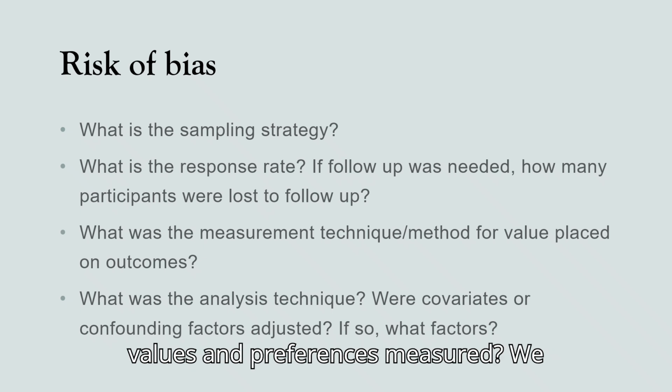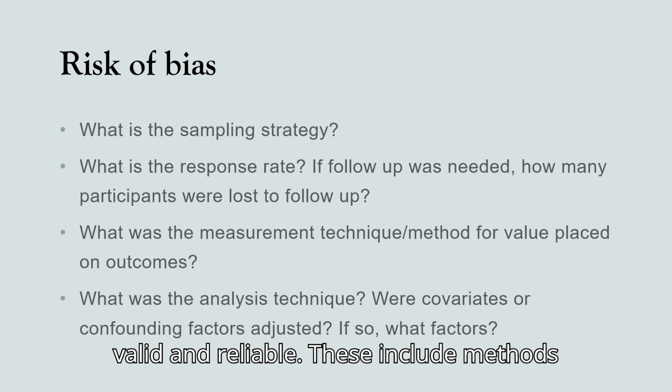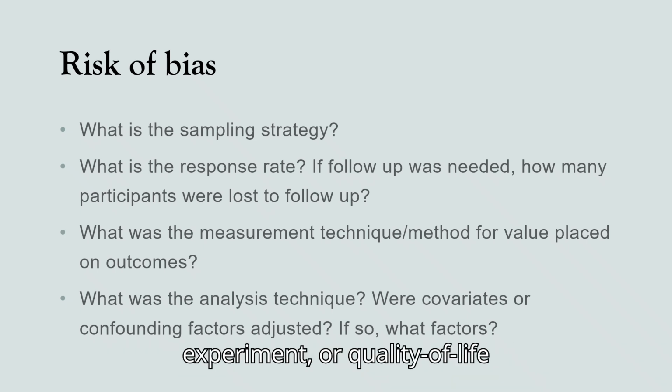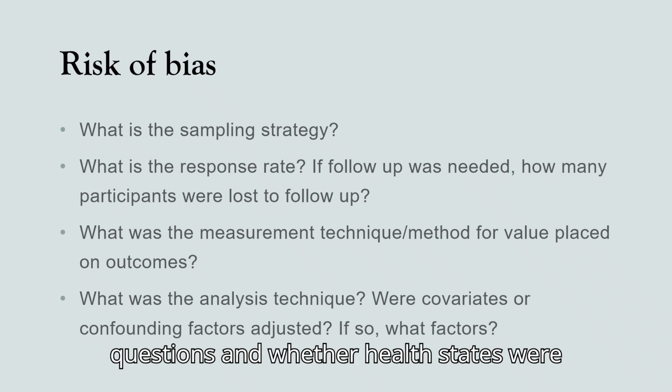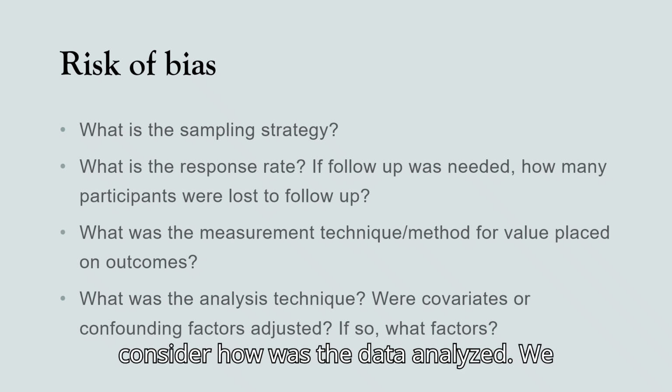Third, how were values and preferences measured? We assess whether the measurement tool was valid and reliable. This includes methods such as time trade-off, discrete choice experiments, or quality of life instruments. We also consider whether participants understood the questions and whether health states were clearly described. And we also consider how the data was analyzed.